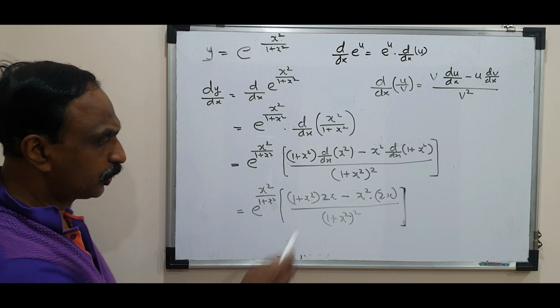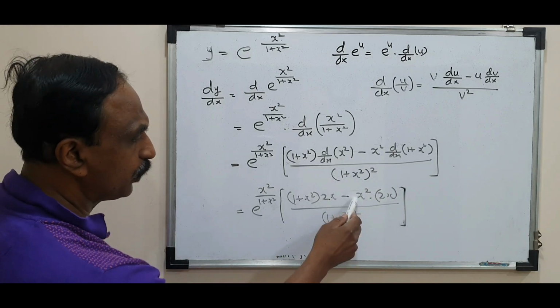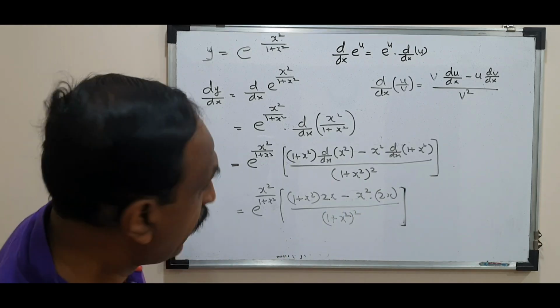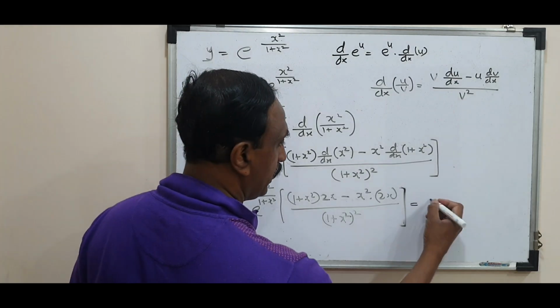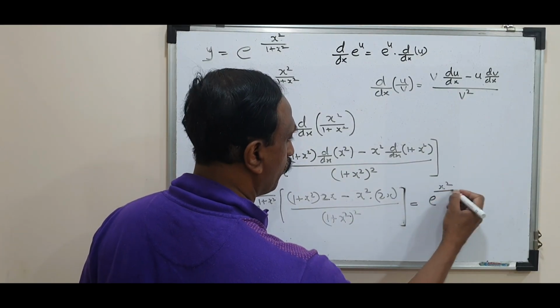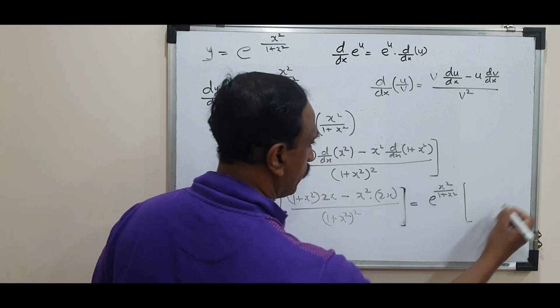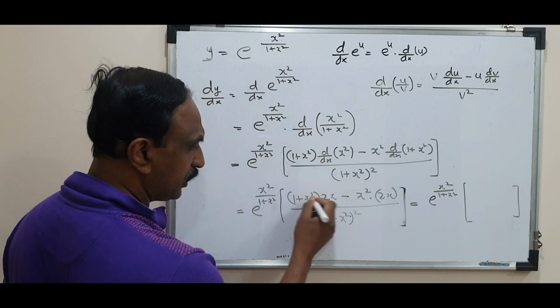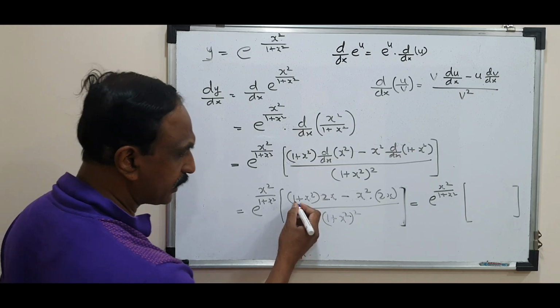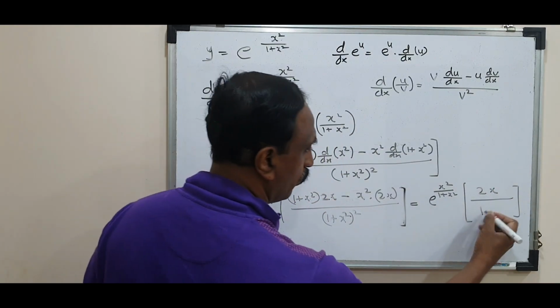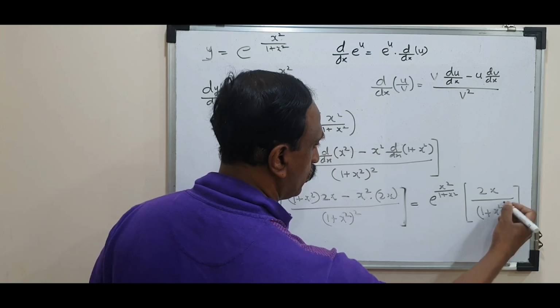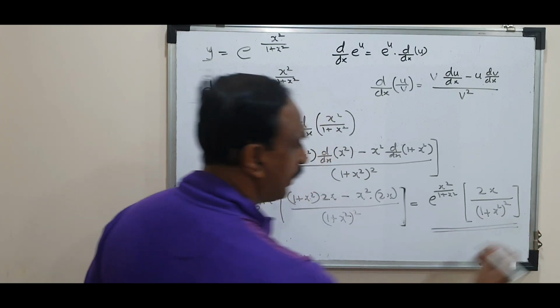Now 2x cube and 2x cube will get cancelled, and after the cancellation this will become e raised to x square upon 1 plus x square into, in the bracket, only 2x remains divided by (1 plus x square) the whole square. That will be your final answer.